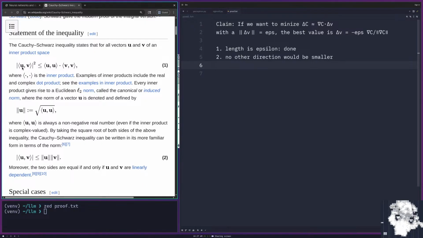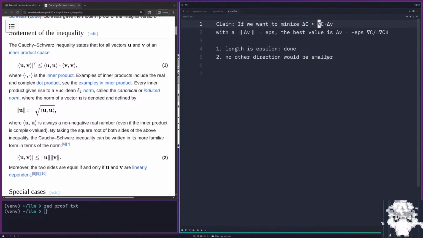Okay, so we're trying to show that there's no other v that would be bigger than this. Or smaller than this, I mean. Where v is this thing.